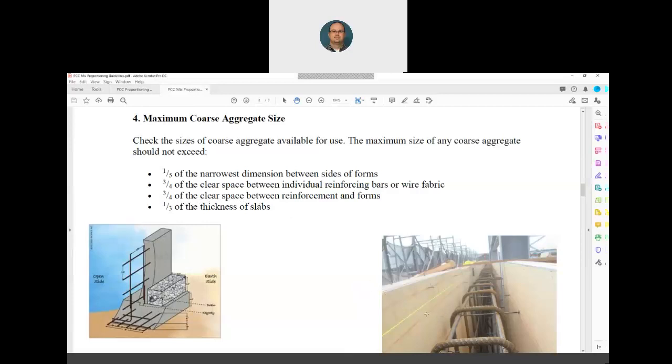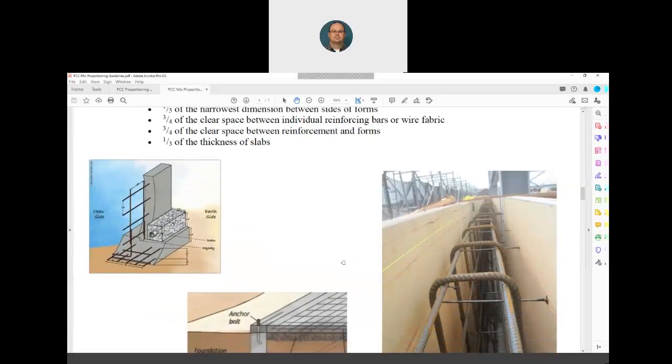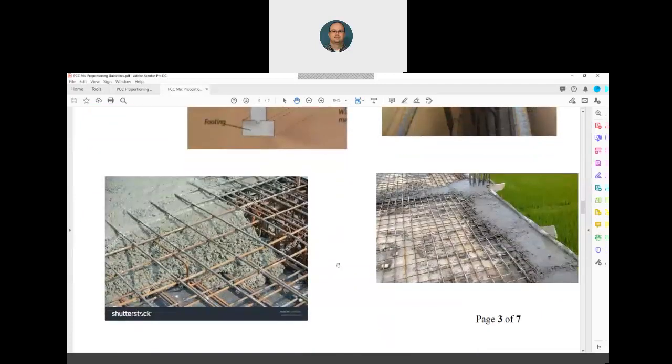So wall form, edge of reinforcement, 3/4 of that. Otherwise, the coarse aggregate will get hung up between the wall form and the reinforcement. And if we don't have any forms, 1/3 of the thickness of the slab.